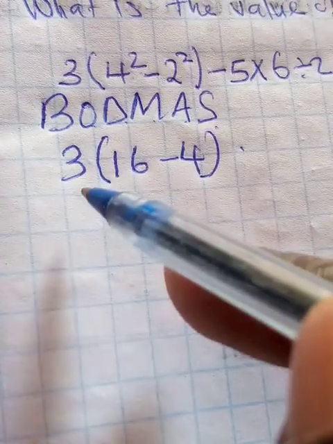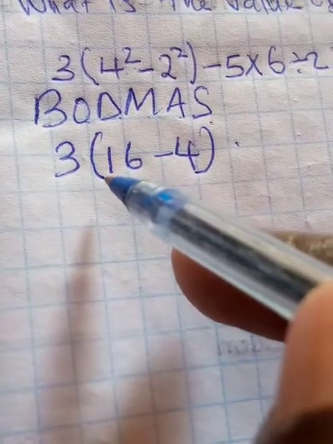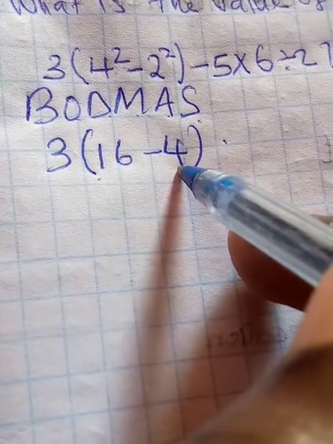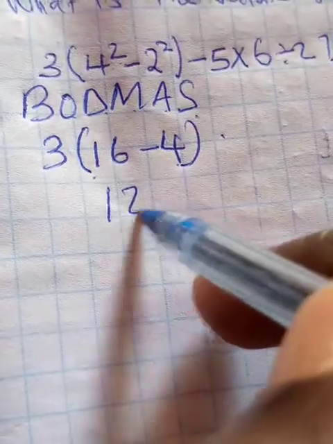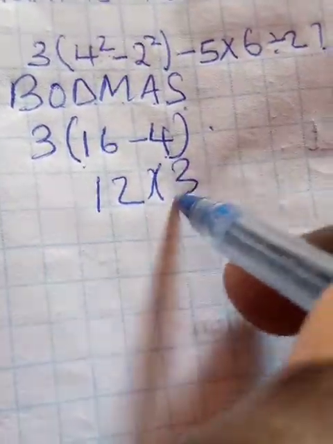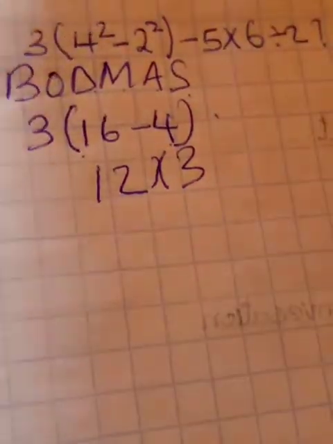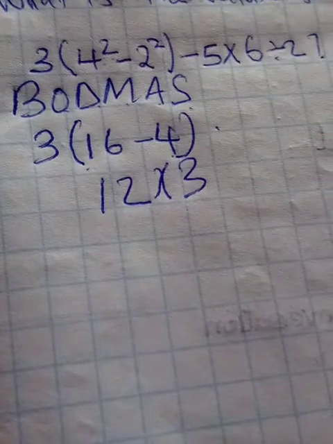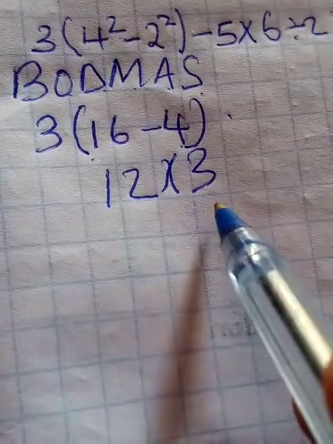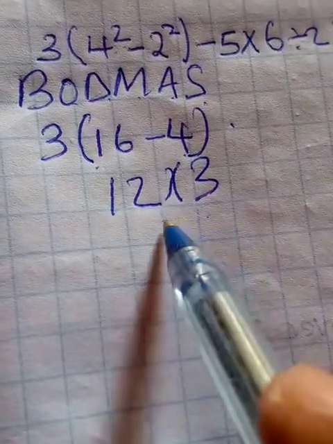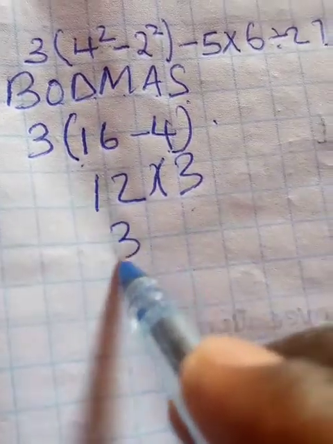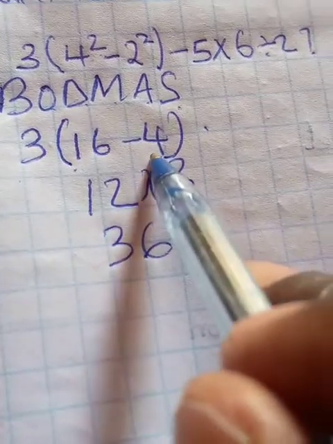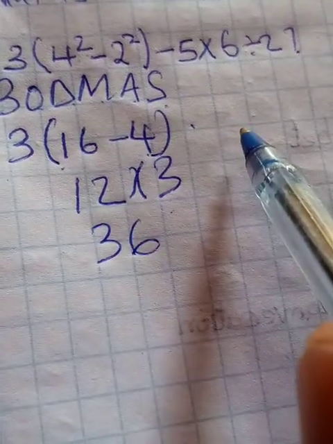So if we deal with this first, we can say that 16 minus 4 is 12. 12 times 3 is 36. So from the bracket, that is what we get, and we go to division.